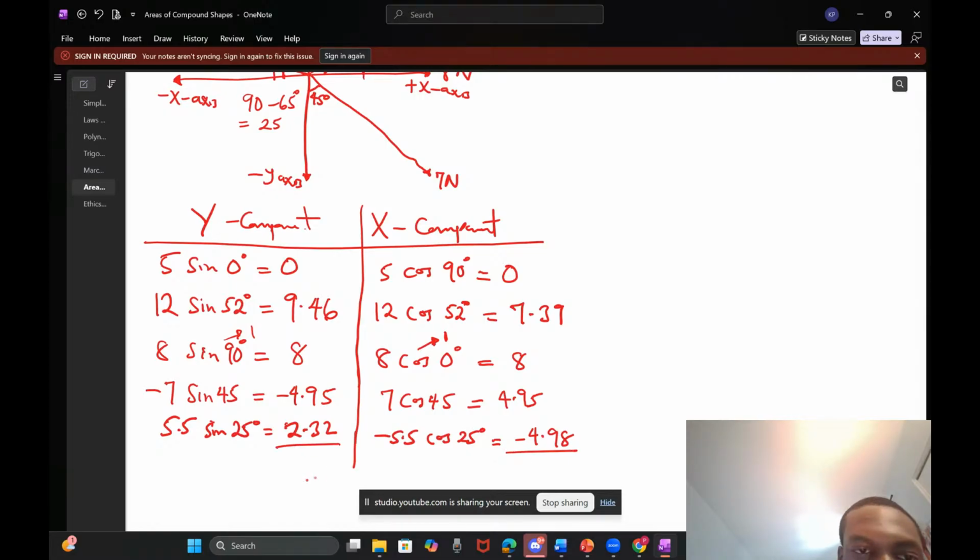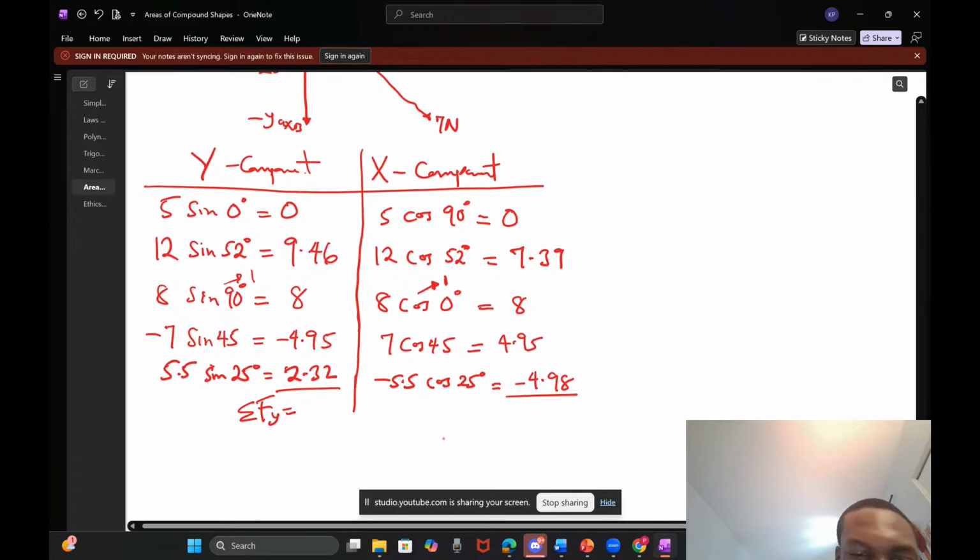So let's add up everything. So that's the summation Fy. So let's add it. That will be 9.46 plus 8 plus 2.32, then minus 4.95.